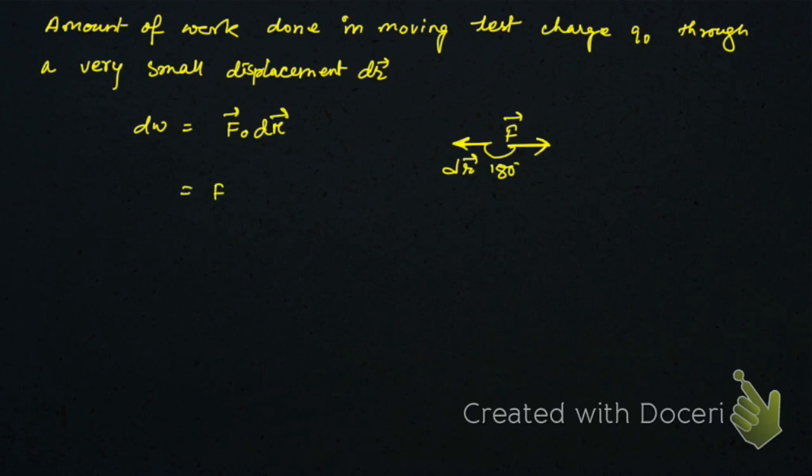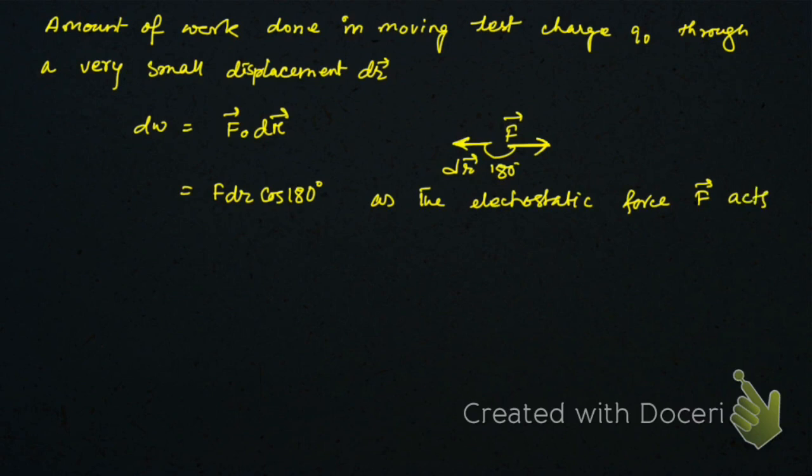So the dot product of these two is F dr cos 180 degrees, as the electrostatic force F acts away from Q naught, right? So cos 180 is minus 1, so we will get minus F dr, right?